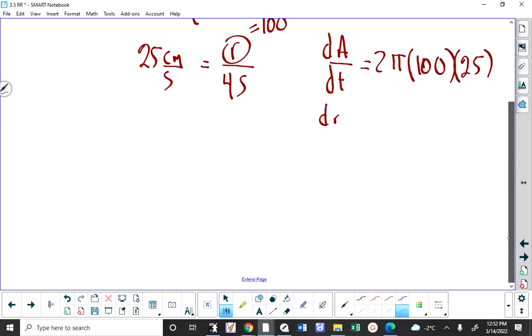If you're interested in an exact value, which I would question what would be the big deal of that here, you would multiply the 2 and the 100 and the 25 and get 5,000 pi. This would be square centimeters per second.